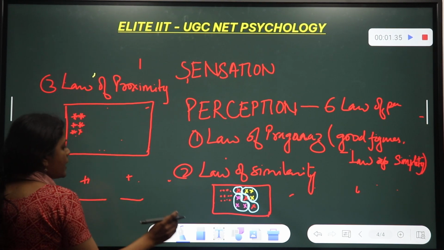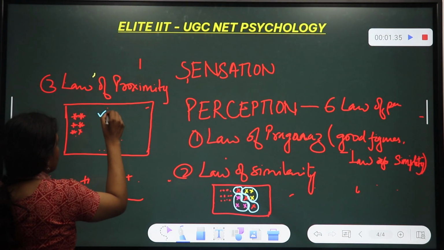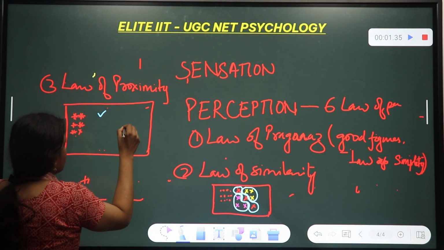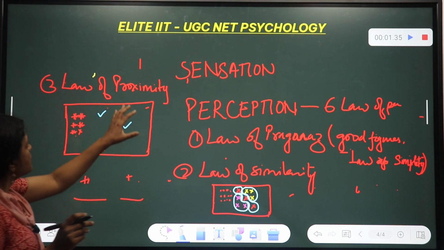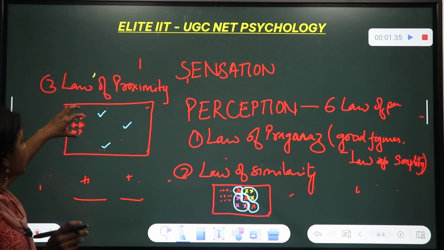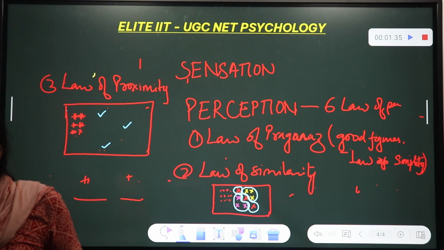Whereas if I draw something like this, they are far away, so I am not going to consider this as one group, but this I will consider as one group because they are held together. So, this is the law of proximity.